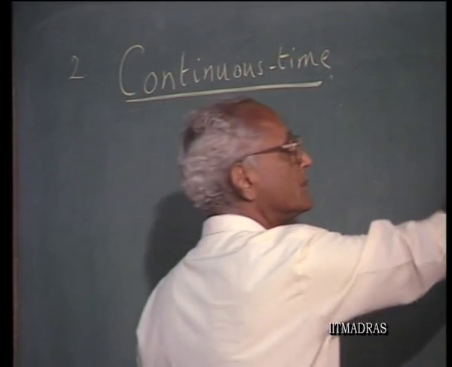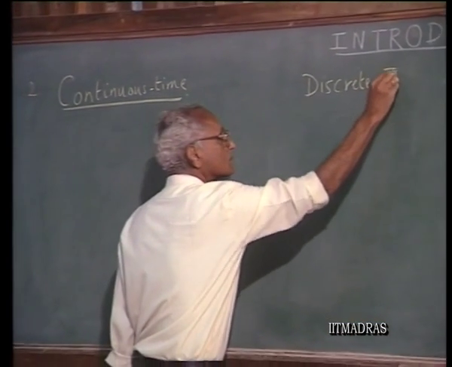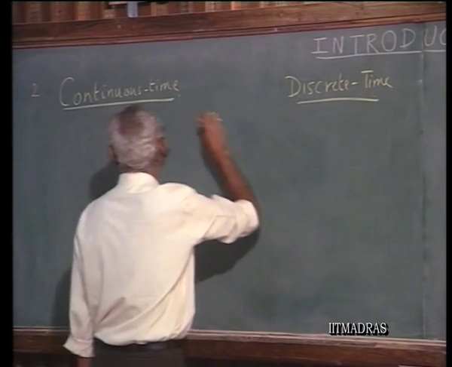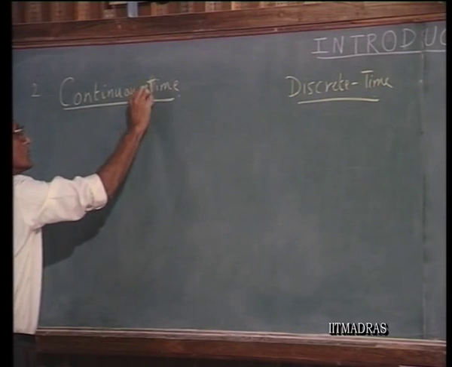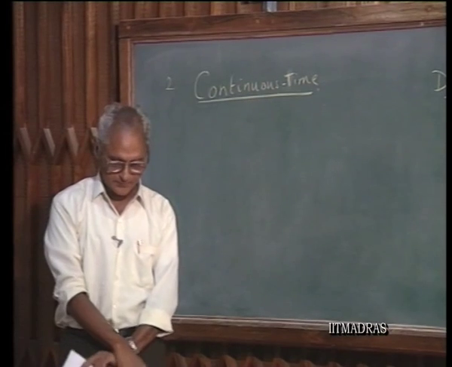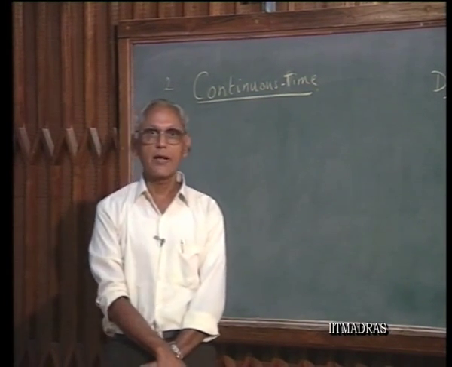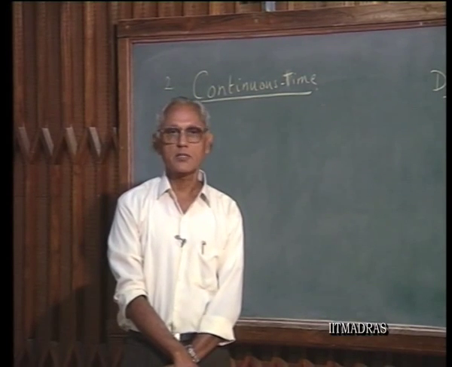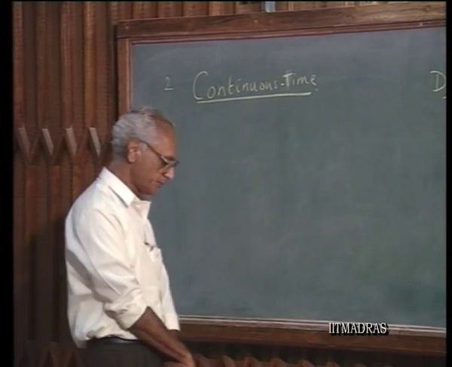In a continuous time system, the input-output relations are defined for every instant of time on a continuous basis. In other words, we can calculate in principle the variables at every single point of time on the time axis on a continuous basis.